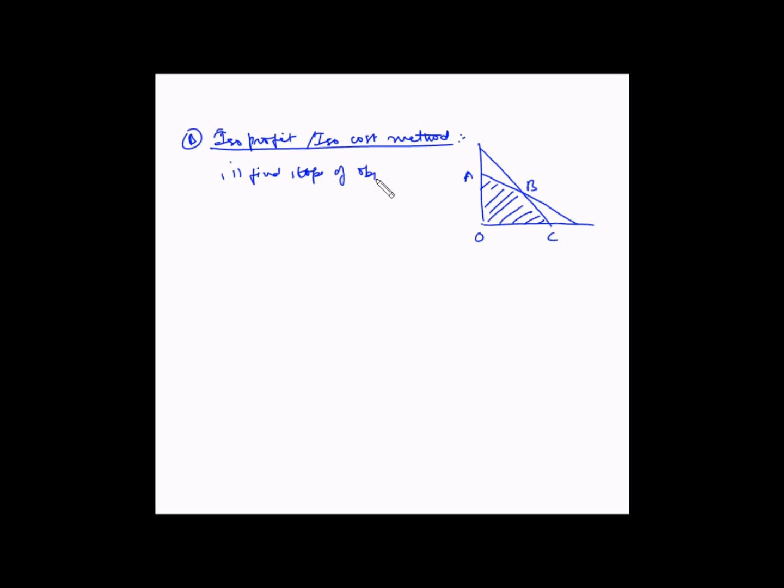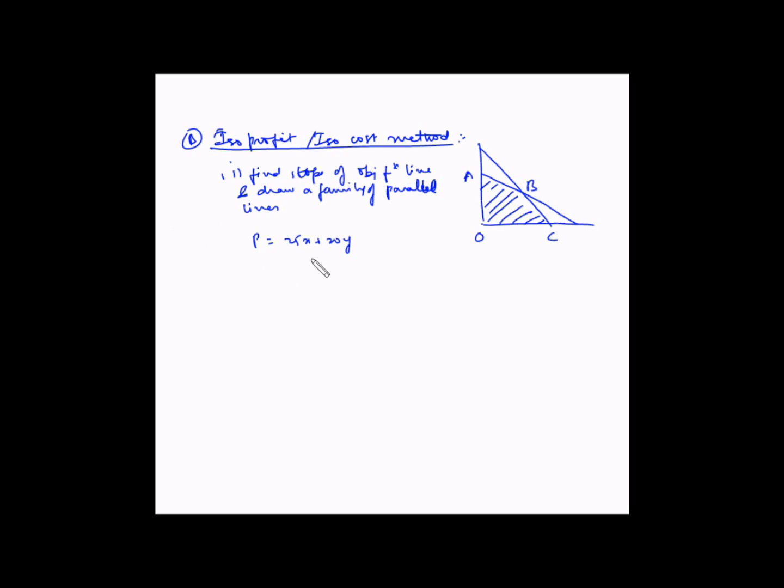So the first step is to find slope of objective function line and draw a family of parallel lines. So let's say our objective function is p is equal to 25x plus 20y.